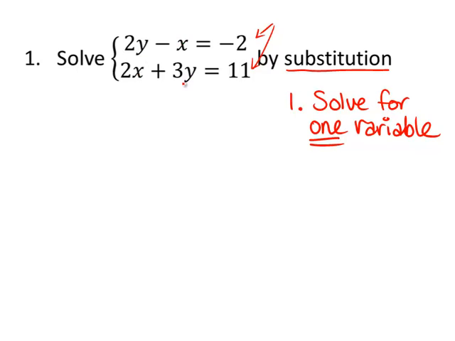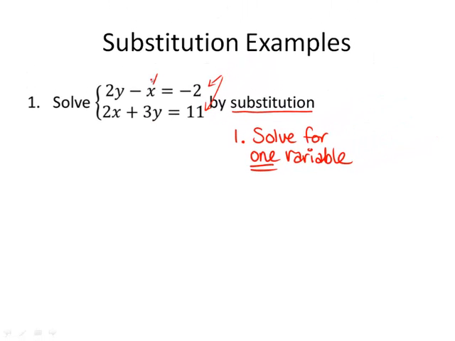Doesn't matter. However, I like to choose the easiest one to solve for because it's the least work. So the one that I see to be the easiest is x in the first equation. Subtract 2y from both sides, giving us negative x equals negative 2y minus 2, and divide everything by negative 1, giving us x equals 2y plus 2.